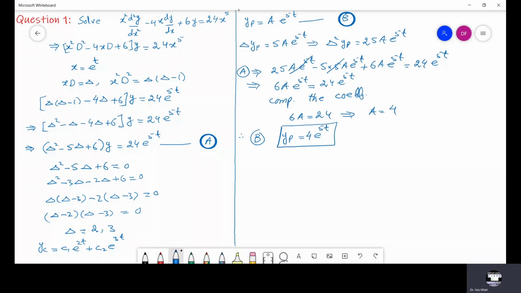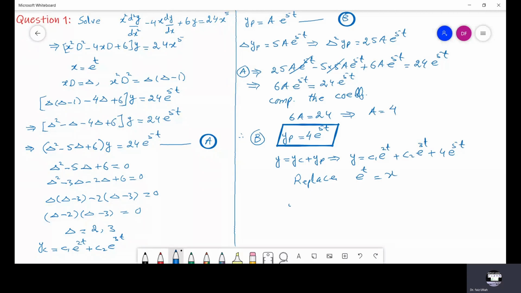And now the general solution, y is equal to yc plus yp. So let us put values. So we have y is equal to, the value of yc is c1 e²ᵗ plus c2 e³ᵗ. The value of yp is 4e⁵ᵗ. Finally, let us replace the value of eᵗ, which is equal to x.